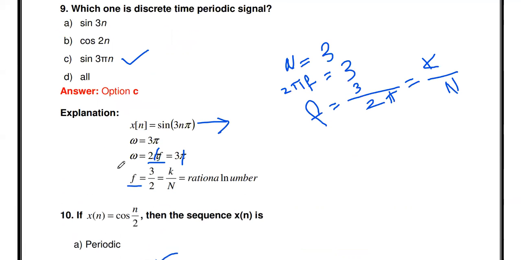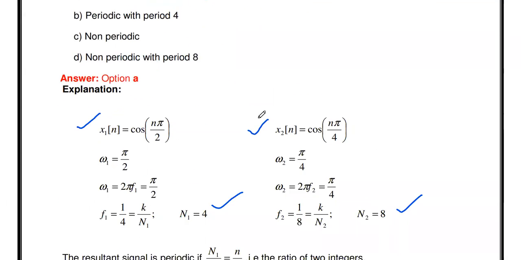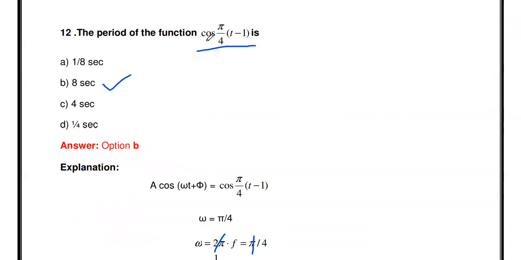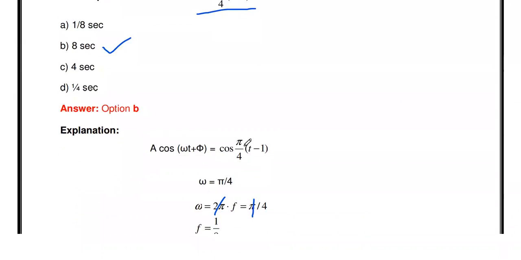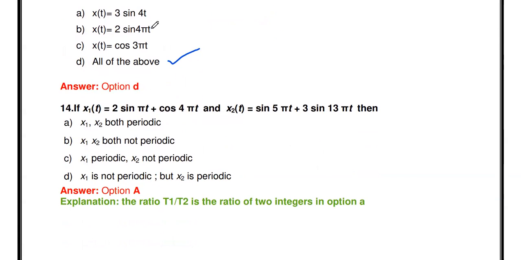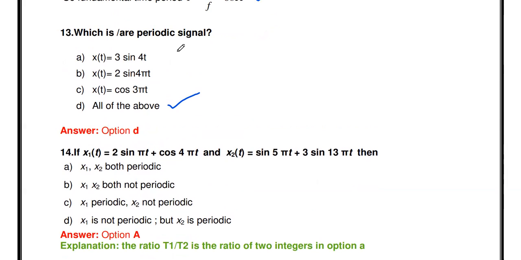If that f is a ratio of two integers, we can say it's periodic. That holds for a discrete single sine or cosine wave, but for a continuous single sine or cosine wave, all signals are periodic, whether the signal contains a pi term or not.